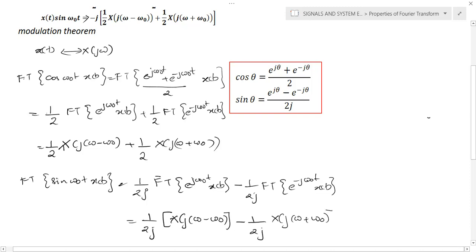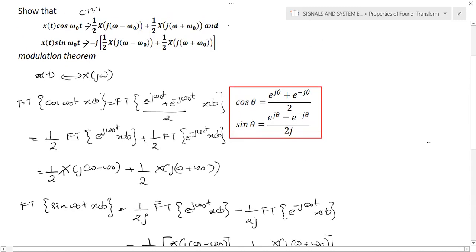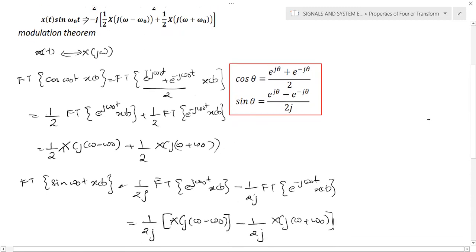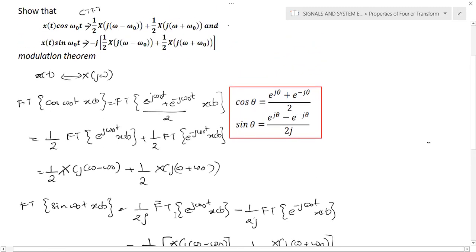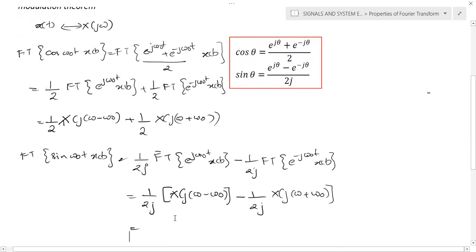In this particular expression, you can take 1 by 2j and multiply with j in the numerator and denominator, so that the second term becomes positive.